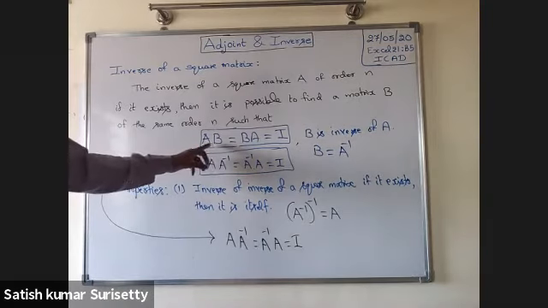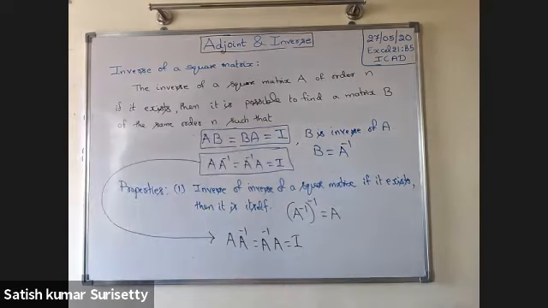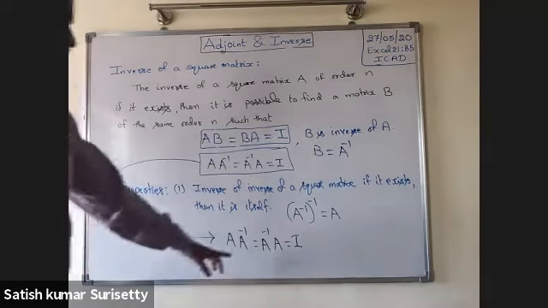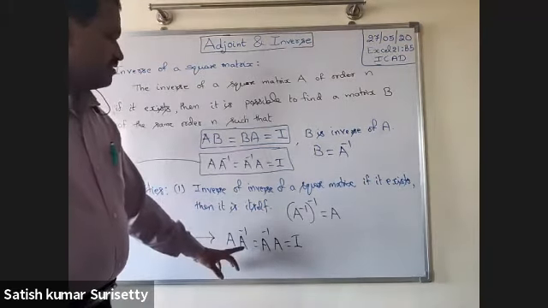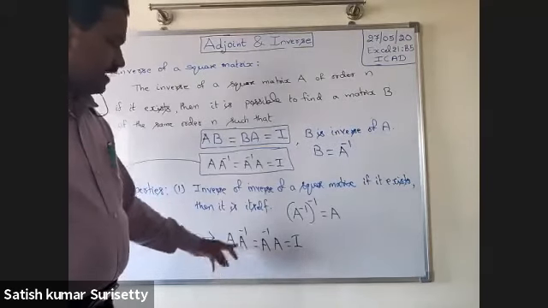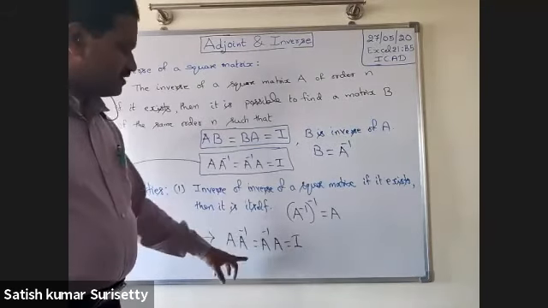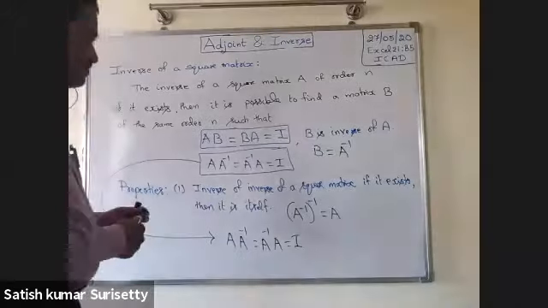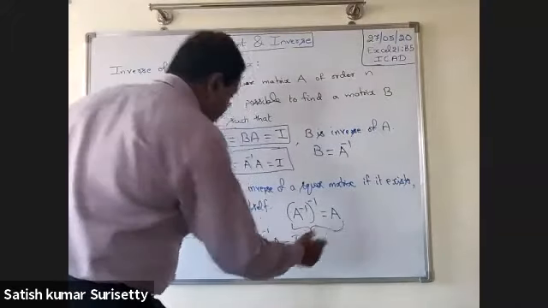So B is the inverse of A as well as A is the inverse of B. That means here A inverse is the inverse of A and A is the inverse of A inverse. That is what this says: A inverse whole inverse equal to A.